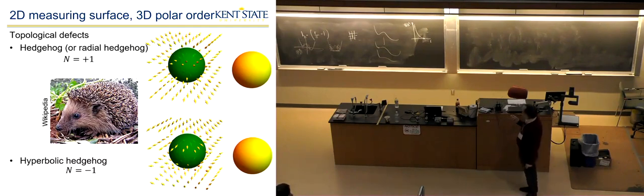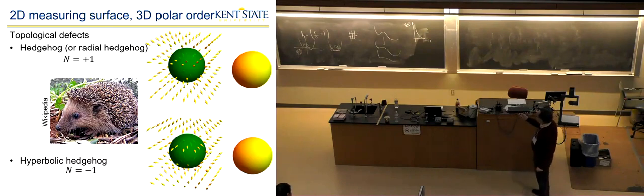Here is a picture of a different kind of defect, which is also characterized by a hedgehog charge. So here you can see the arrows are pointing in along the z-axis, down there, up there. And they're pointing out in the x direction and the y direction, everywhere in the xy plane.